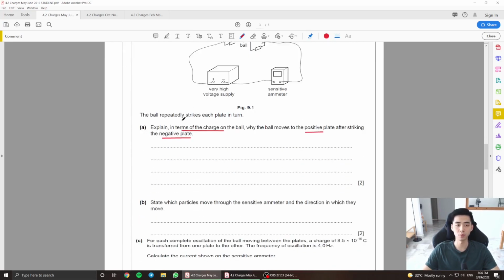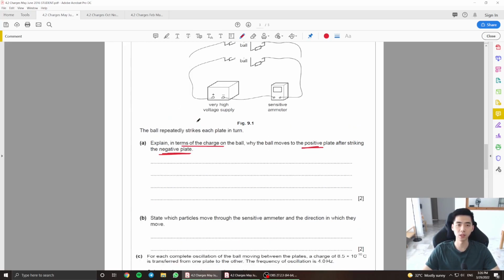So from here you have to mention that the ball moves to the positive plate after striking the negative plate. So at first it is negatively charged, right? It goes from the negative plate to the positive plate, right? So meaning to say it was first negatively charged.